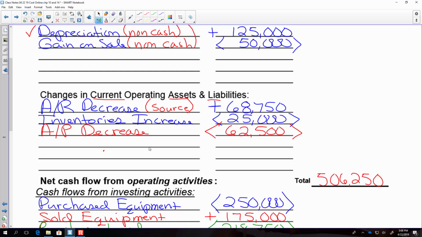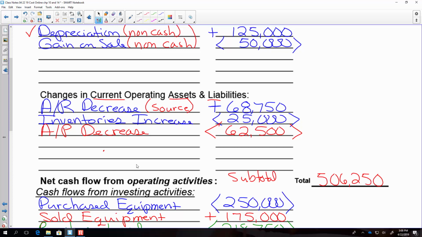So at that point, we get a subtotal here, combining, starting with what? Our net income of 450,000. I add the 125, I subtract the 50, I add the 68,750, and then the last two I'm subtracting to get my first subtotal, net cash flow from operating activities.